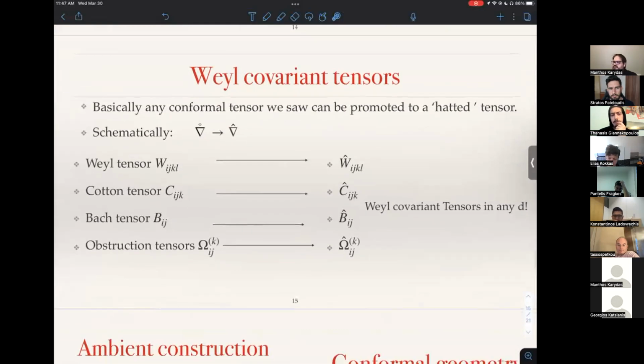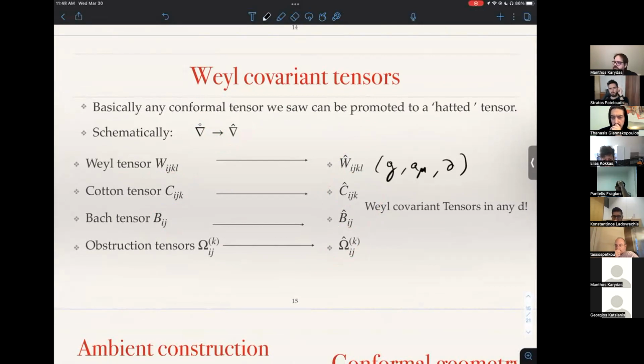So basically, roughly what happens, you take the Levi-Civita connection, you replace it with nabla hat, and now all the tensors become hatted tensors, the Weyl, the Cotton, and the Bach. But an important thing to note is that all these tensors will depend not only on the metric, but on the one-form, and will have complicated derivatives.